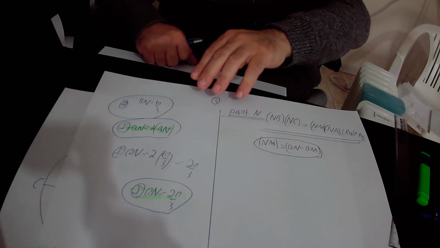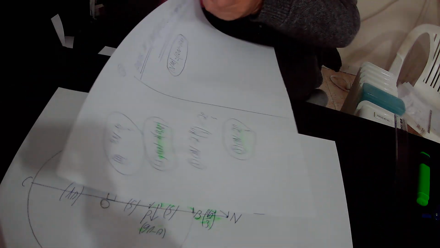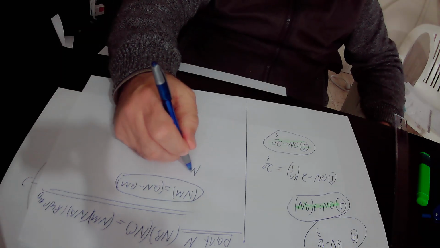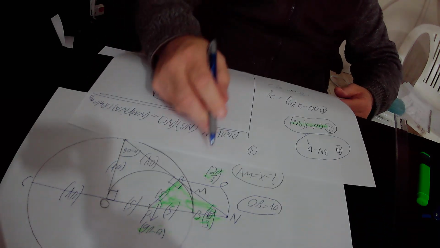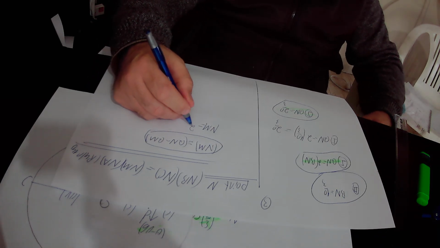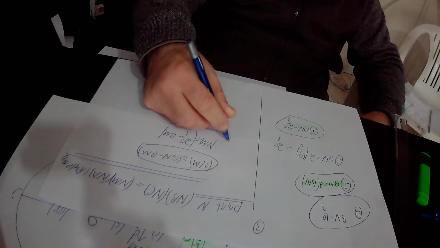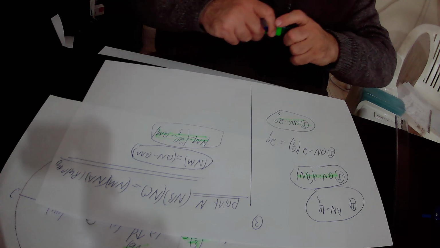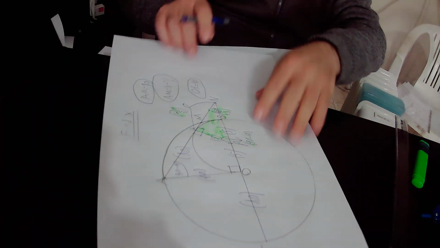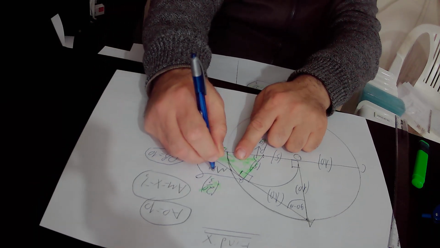QN is 20 over 3, minus QM. So in total, NM equals 20 over 3 minus QM. So we can write down in the original drawing that this line segment MN equals 20 over 3 minus QM.